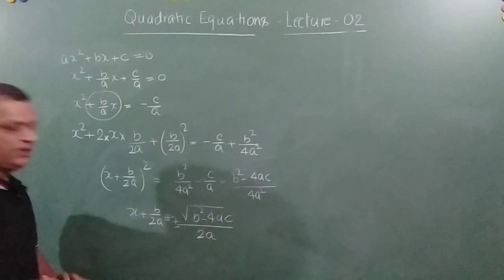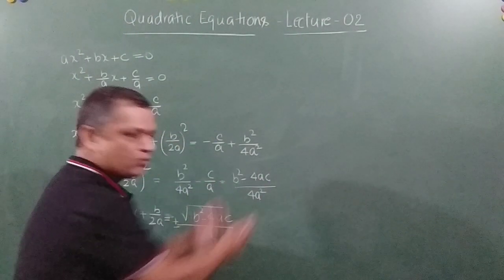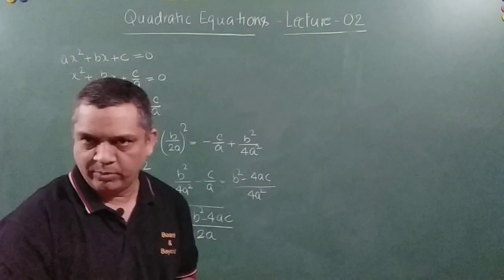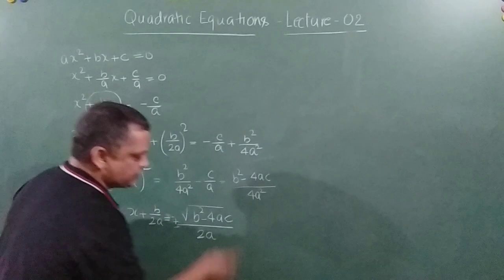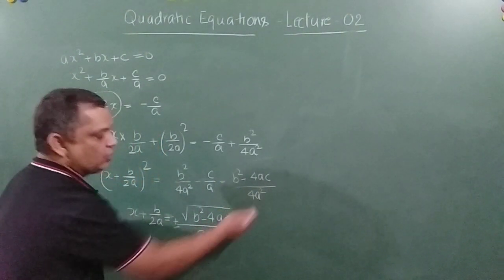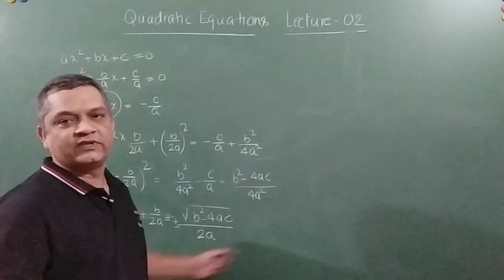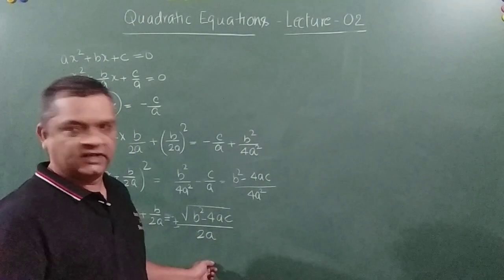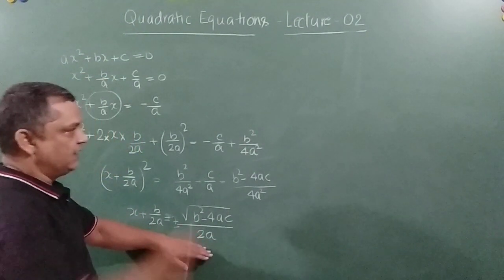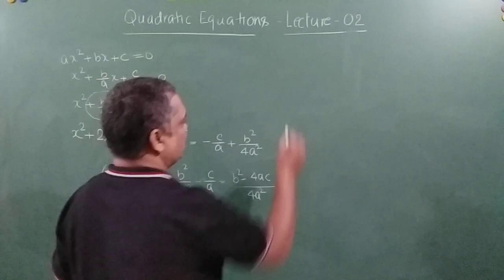Are you all there with me? What I have done is that I have taken a square root for both, that is numerator and denominator. Numerator I have just written the square root like this, and denominator I have really taken the square root, which is equal to 2a. Right? So with this we will move forward here. Okay.